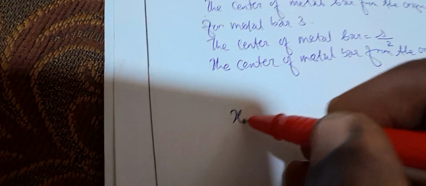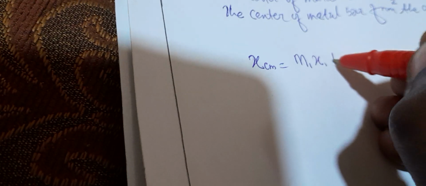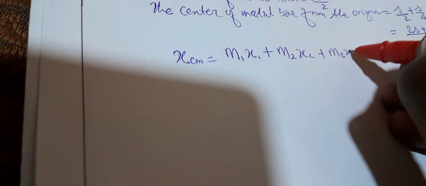The formula is x_cm equals (m1 x1 plus m2 x2 plus m3 x3) over (m1 plus m2 plus m3).